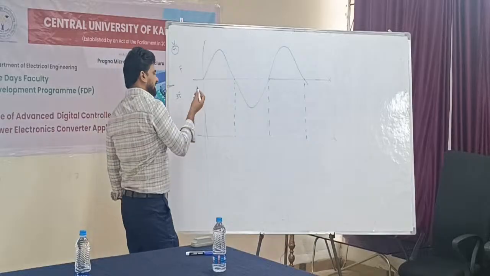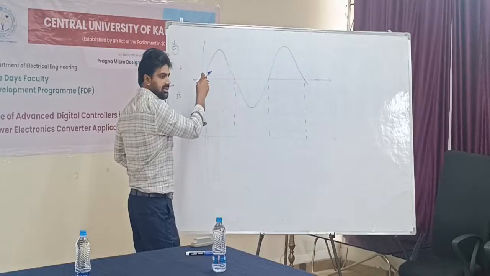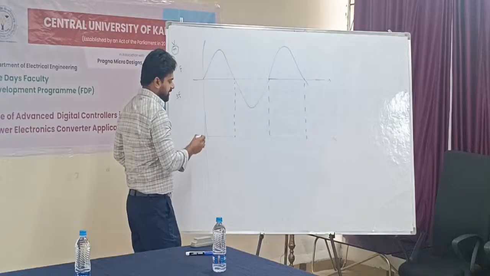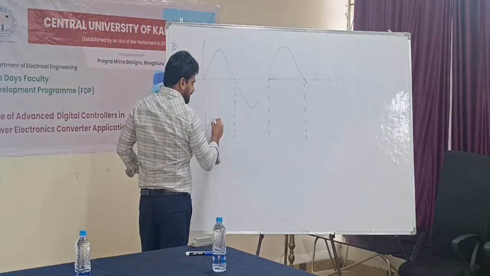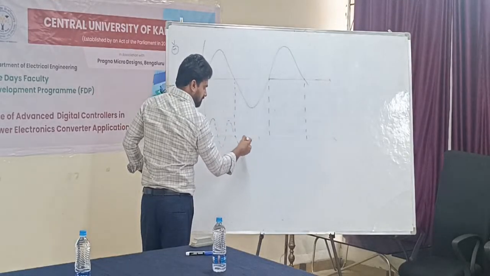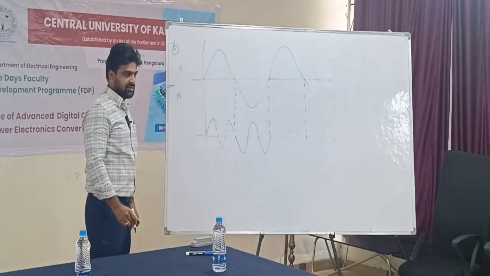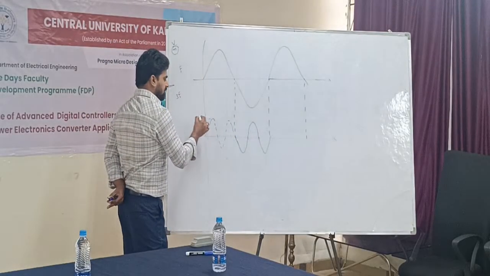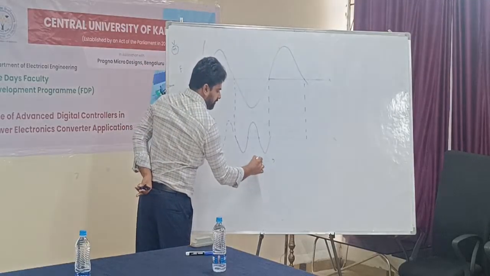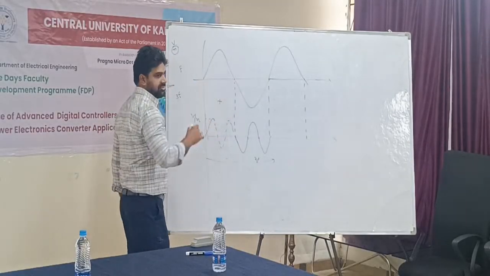Typically, if you try to draw a third order harmonic created in this fundamental component, your third order harmonic will be 3 times the frequency, like this. So this voltage is typically V by n and this frequency is 3f. And now you add this component with the fundamental component.